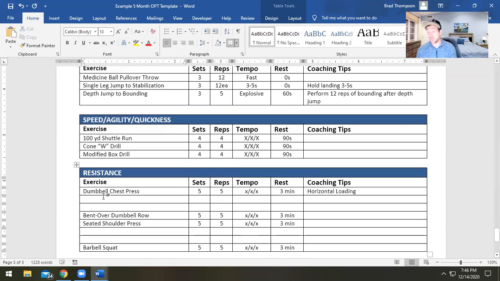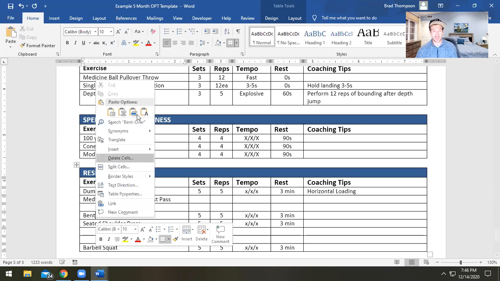So dumbbell chest press first, medicine ball rotation, chest pass second. I know. Earlier, I said that was a core exercise. It totally is. Guess what? It also counts as a chest exercise. Sorry. Sometimes they are in multiple places. Then bent over dumbbell row.